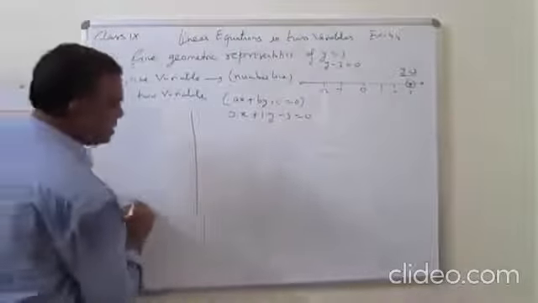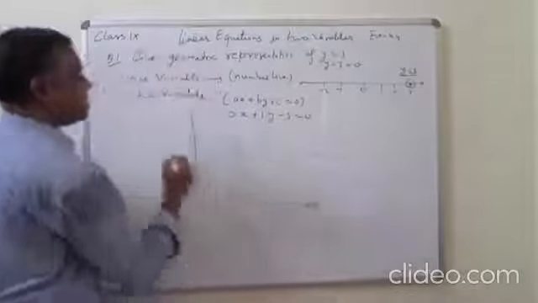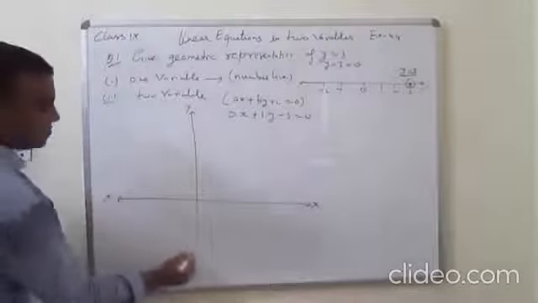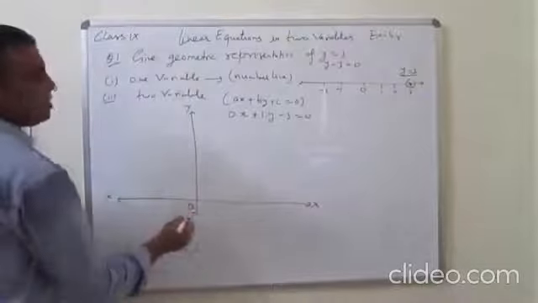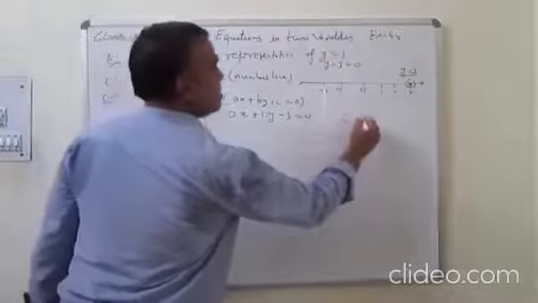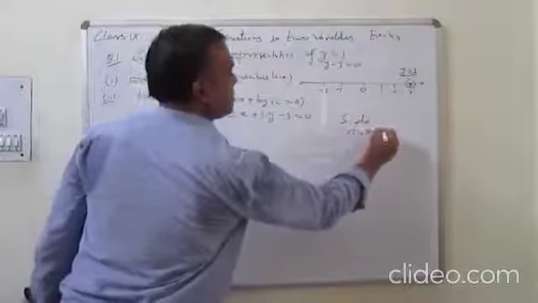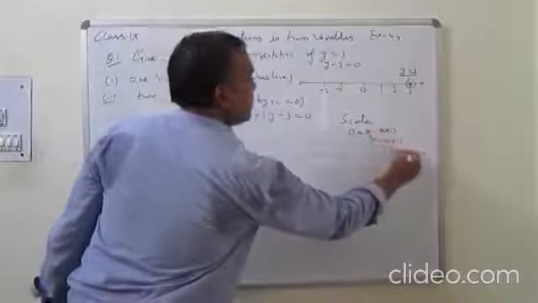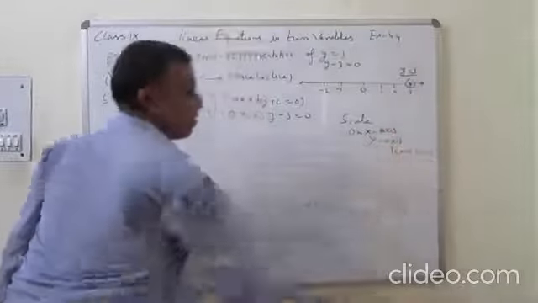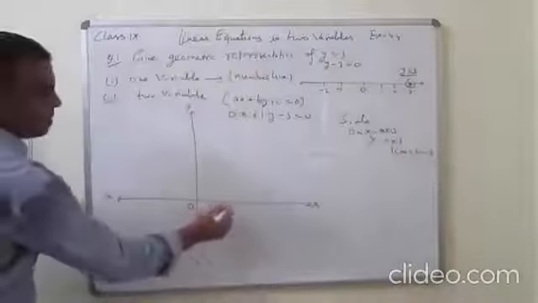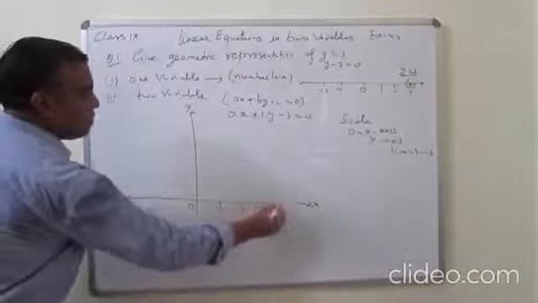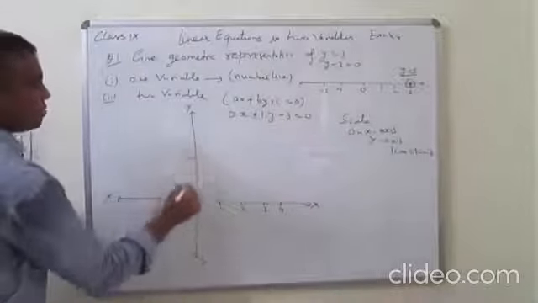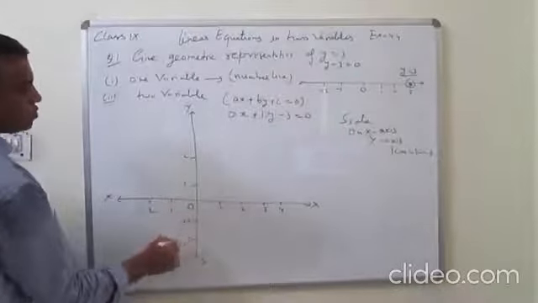Draw a coordinate axis, x axis, y axis, x dash, y dash. This is origin. Taking scale on x axis, y axis, 1 centimeter is equal to 1 unit. 1, 2, 3, 4. 1, 2, minus 1, minus 2.